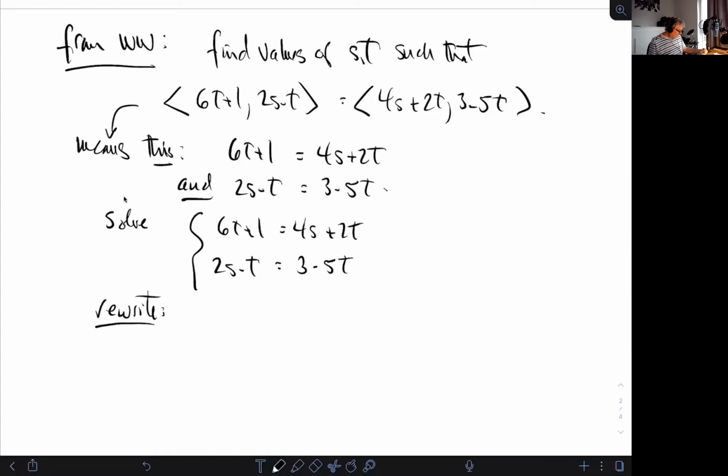First one, I'm going to get 6t minus 2t minus 4s equals minus 1. I'm putting all my variables on the left-hand side and the constants on the right. I'll do the same for the second one: 2s minus t plus 5t equals 3.